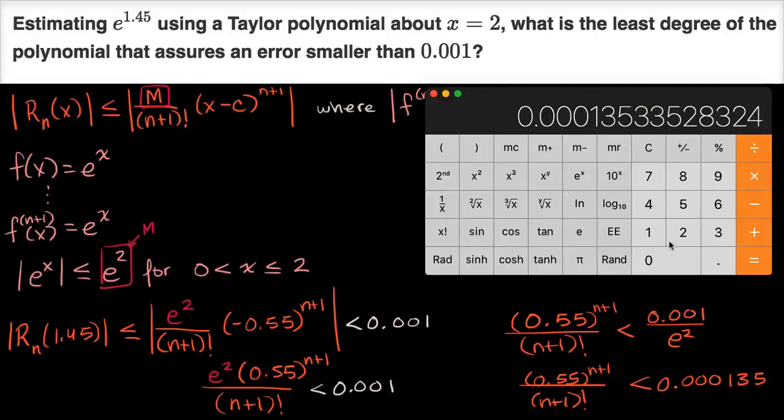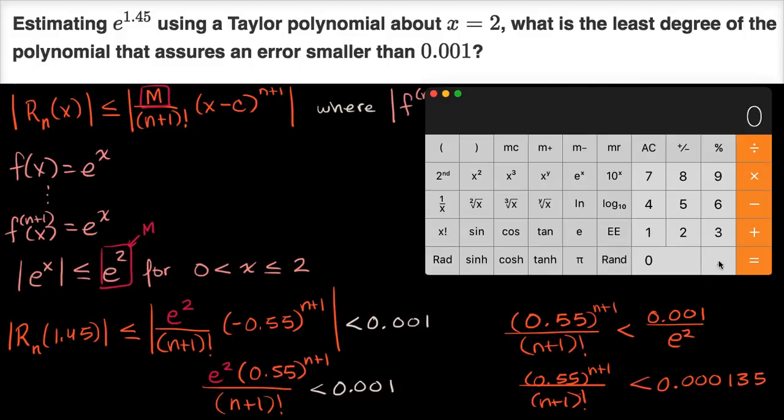All right, so let's do it. Let's see what this is equal to when, I don't know, when n is equal to 2. I could start at n equals 1, n equals 2, n equals 3. But if n equals 2 is good enough, then I might try n equals 1. But if n equals 2 isn't good enough, then I'm going to go to n equals 3 or n equals 4. So let's just start with n equals 3. If n equals 3, it's going to be 0.55 to the 4th power divided by 4 factorial.